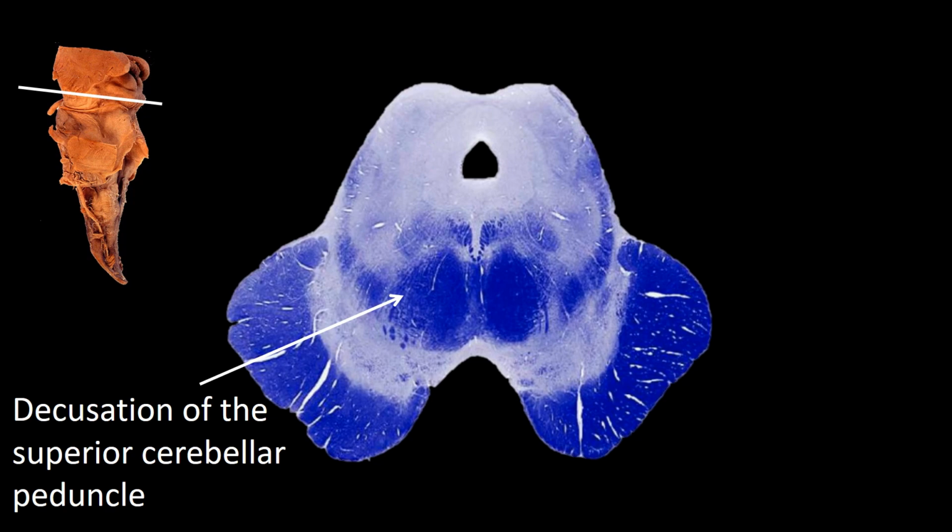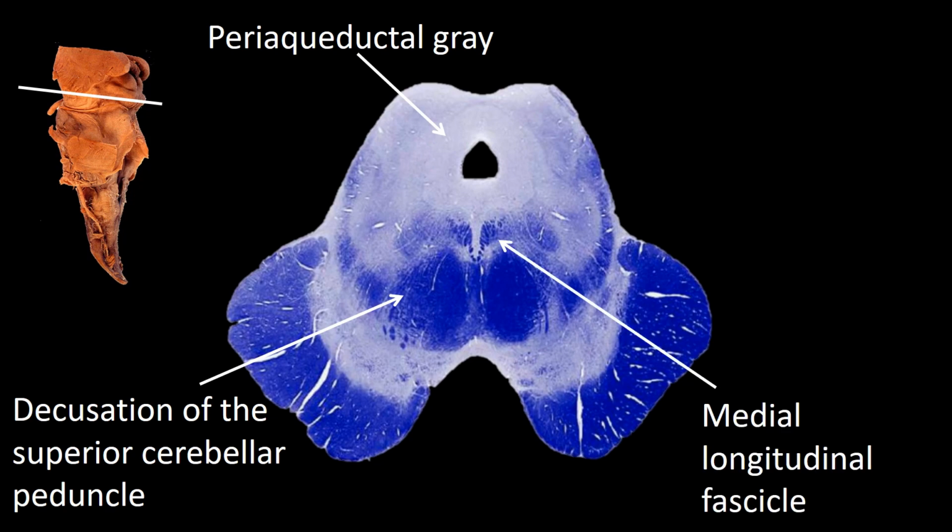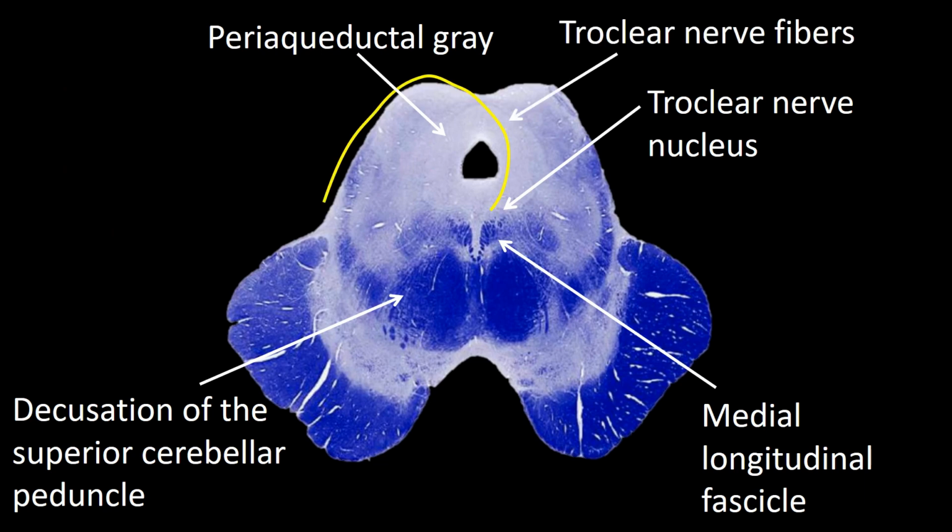This is a cut of the midbrain at the level of the inferior colliculi. You can identify the superior cerebellar peduncle decussation, the periaqueductal gray, the medial longitudinal fascicle, and dorsal to it, the trochlear nerve nucleus. I have now traced the trajectory of the trochlear nerve intraparenchymal and extraparenchymal fibers.